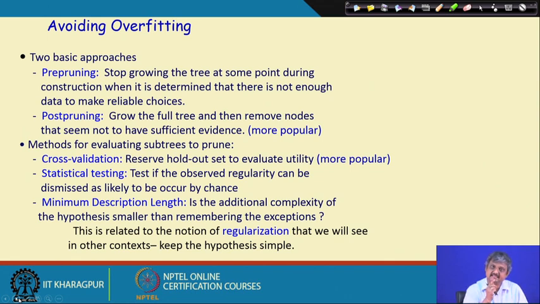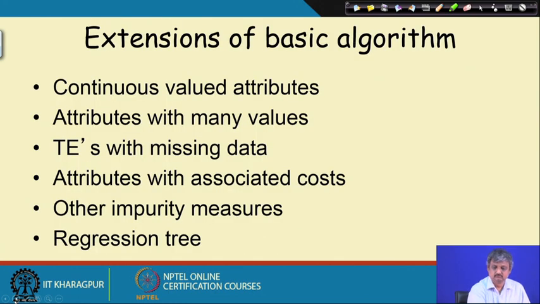That means the description length of a tree is the height of the tree plus the number of examples it misclassifies. I want to build a tree which has the minimum description length. Okay, so this is about tree pruning.